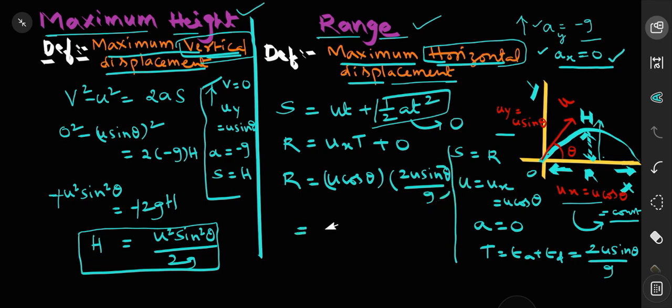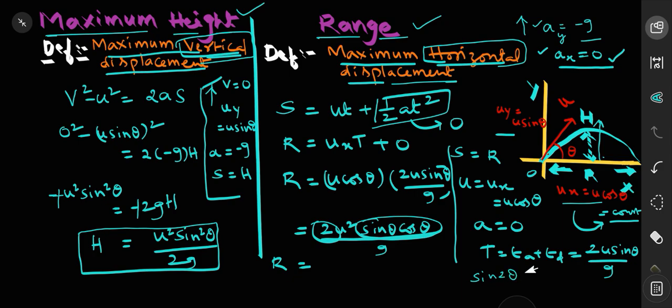By multiplying, we get 2u square sin theta into cos theta divided by g. R is equal to, here 2 into sin theta into cos theta is replaced by sin 2 theta, because sin 2 theta is equal to 2 sin theta cos theta.